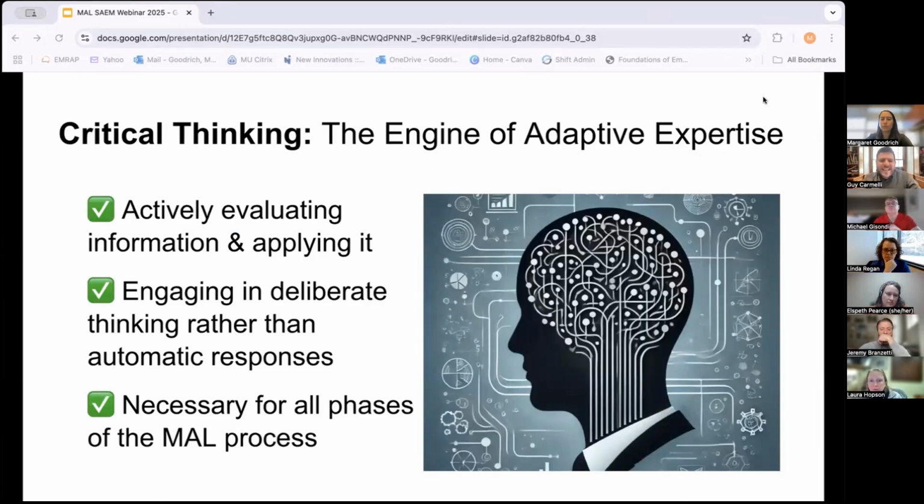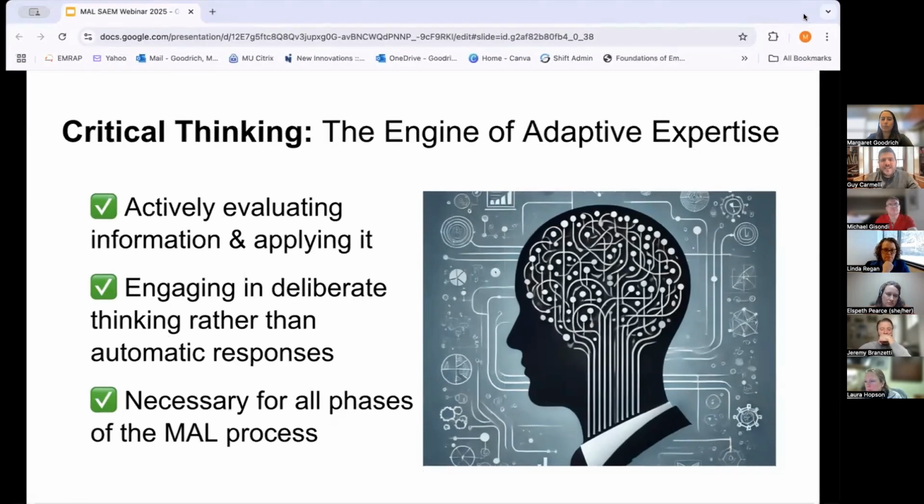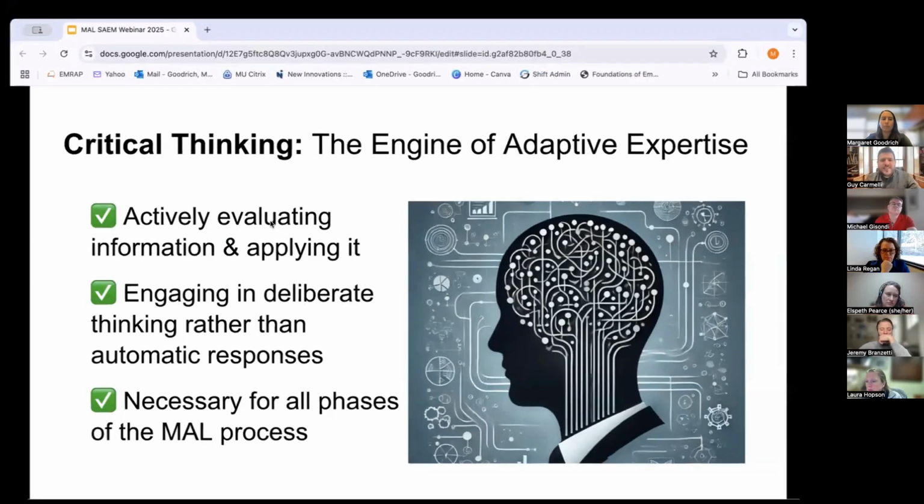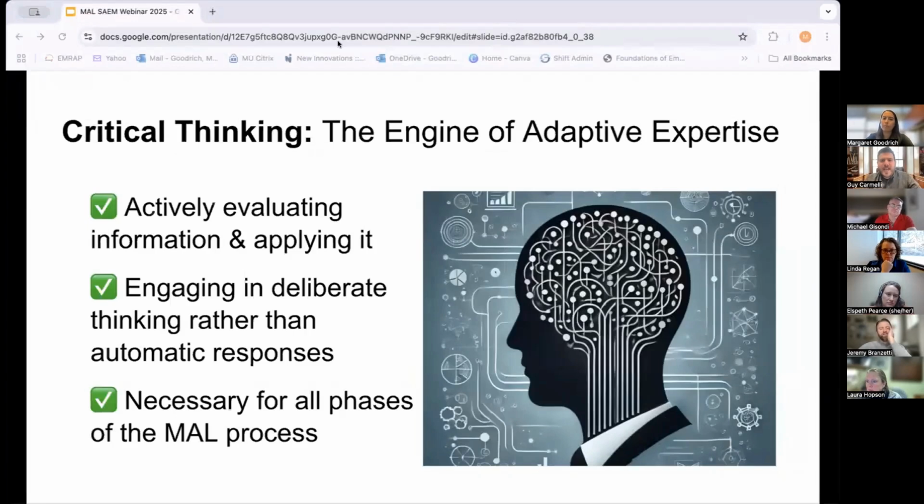This is defined as the ability to apply higher order cognitive skills and the disposition to be deliberate about thinking that leads to logical and appropriate action. In other words, evaluating information and applying it. This is not an automatic process, but rather it's deliberate. Furthermore, critical thinking isn't just about problem solving.